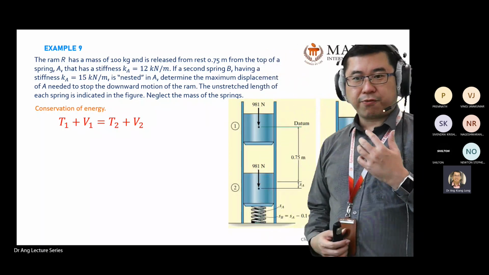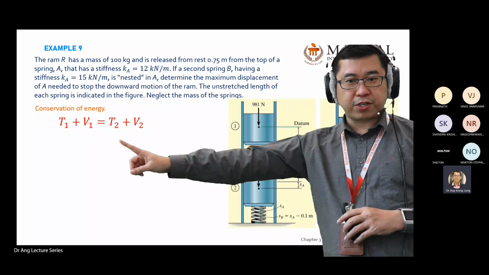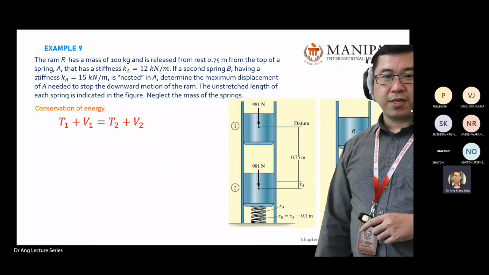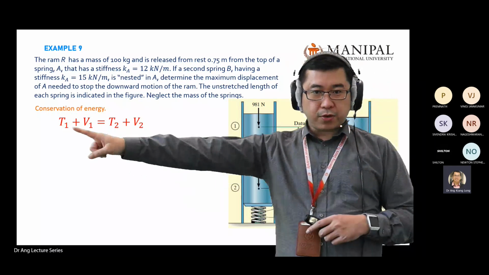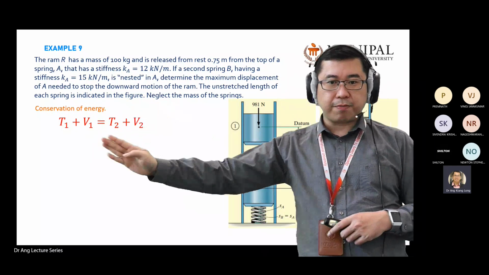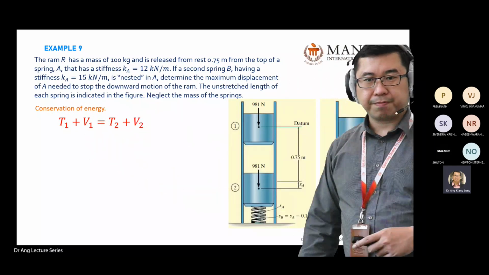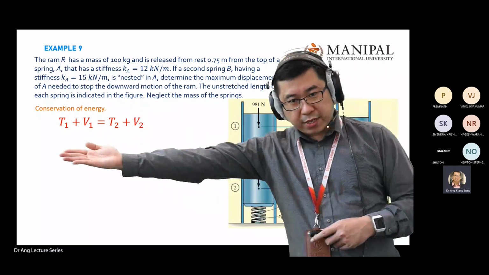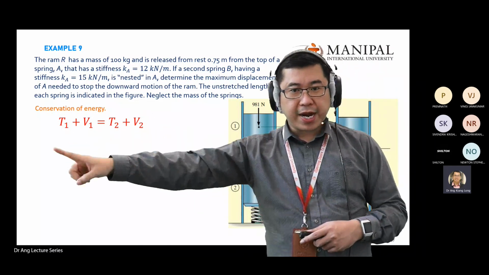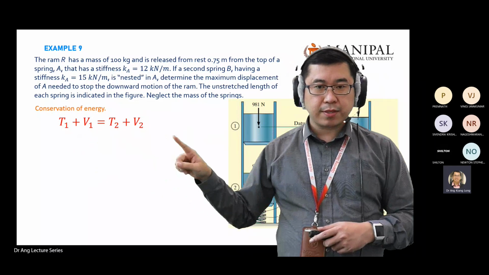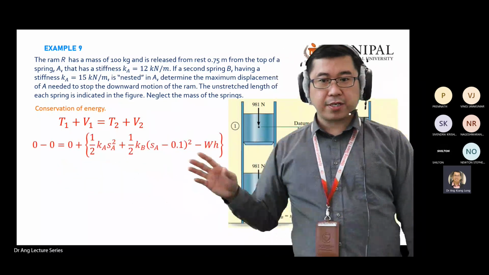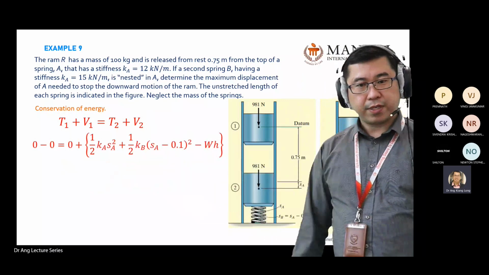If there's a friction force inside, you put the friction force inside this equation, it is not a conservation of energy. So you only consider kinetic and potential, before and after. If you write this conservation of energy equation, you will score some points. Then you expand all this.